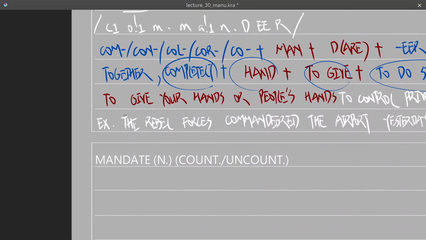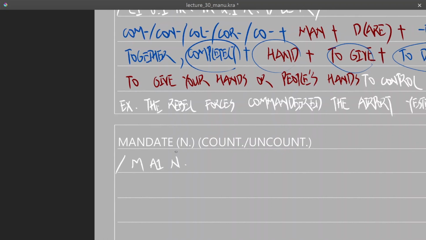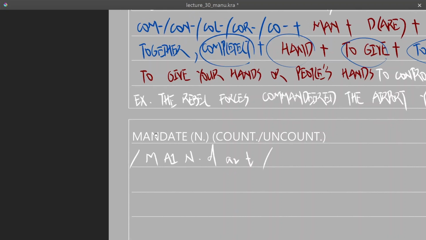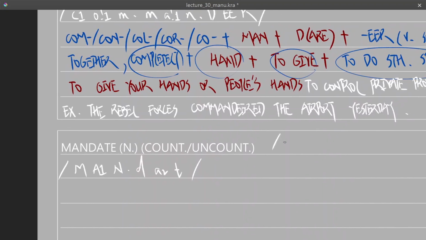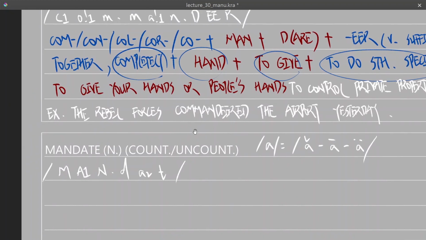Next we have mandate. Mandate. The A is the second sound of A-R. So we have the phonogram A-R.